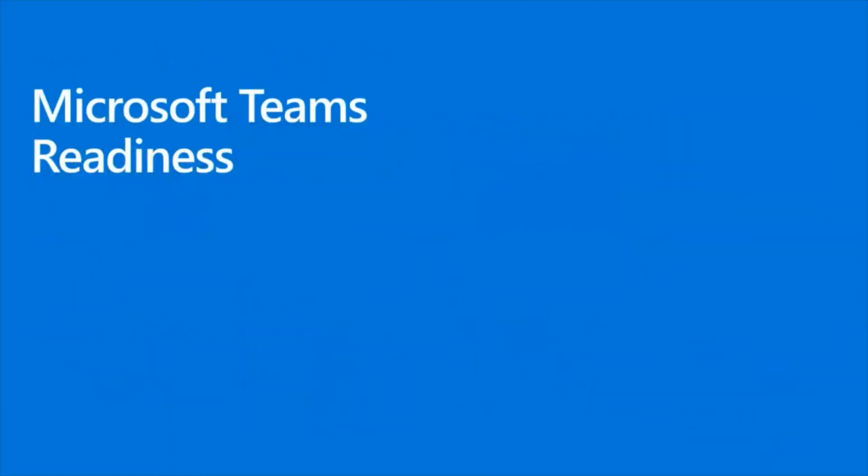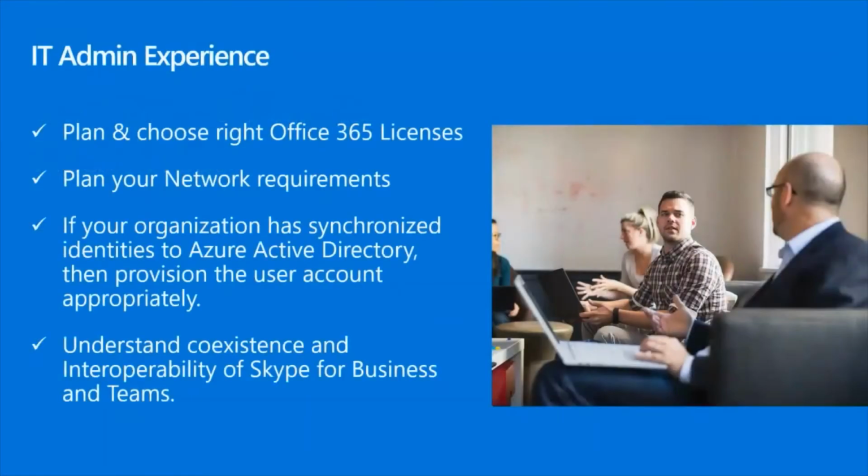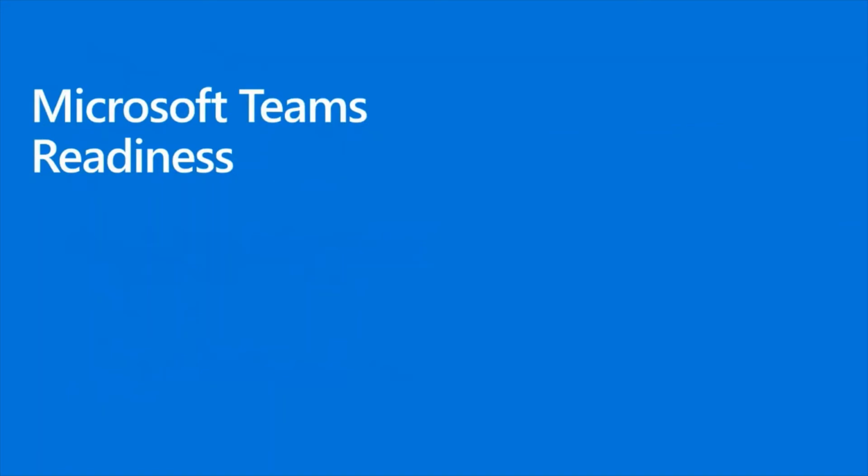For Teams readiness, Teams combines multiple Office 365 services and is therefore dependent on the correct implementation and operation of these services. Which means that Teams is dependent on SharePoint Online, Exchange Online, and OneDrive for Business.